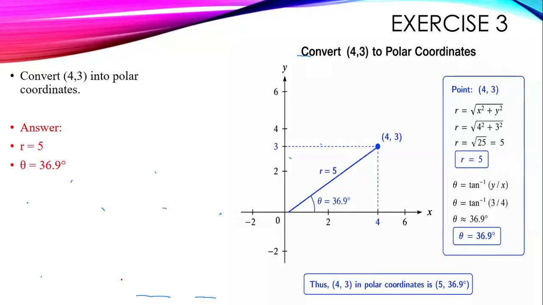So theta is equal to tan inverse y upon x. We know our y value, we know our x value. Simple substitution, so we know our angle now is 36.9 degrees. So therefore, 4, 3 in polar coordinates is 5, 36.9 degrees. They gave us our radius and our degrees we just found. Next.